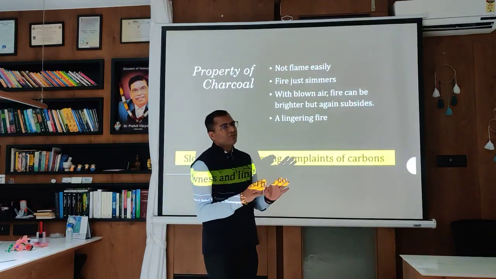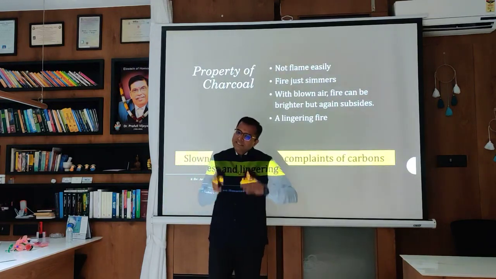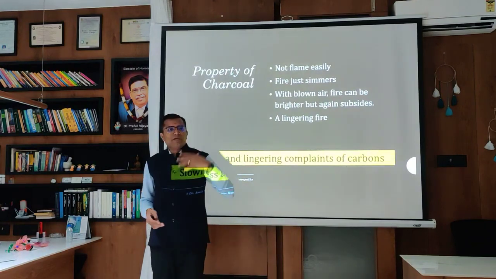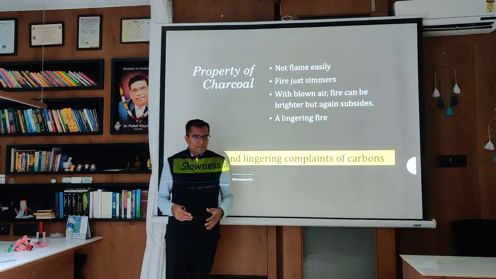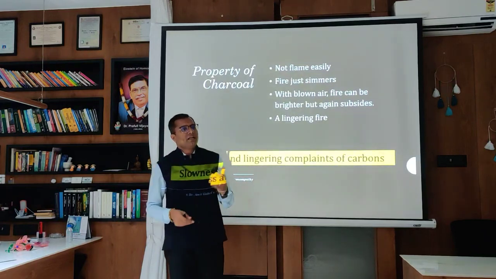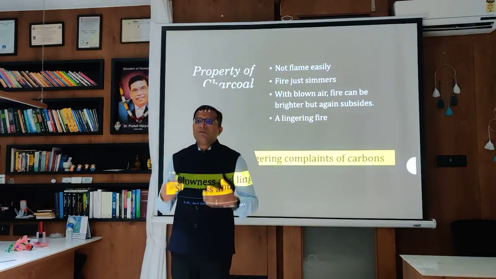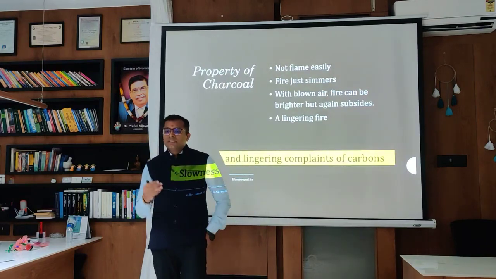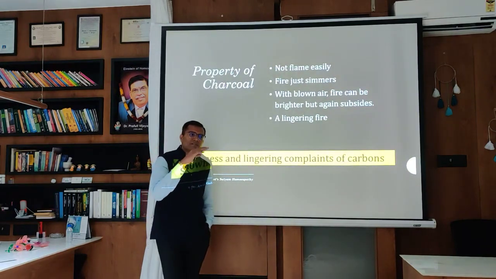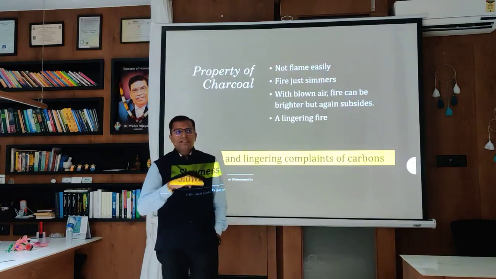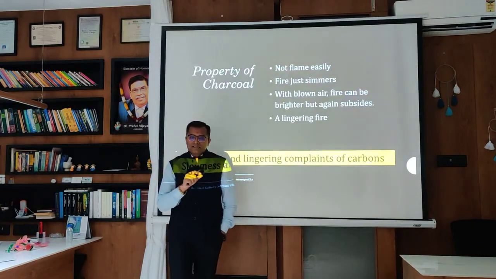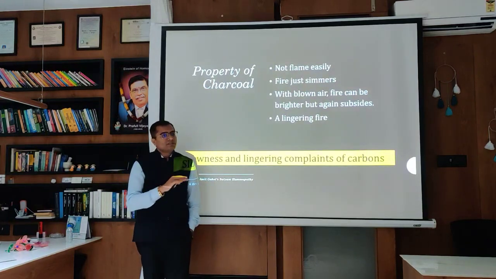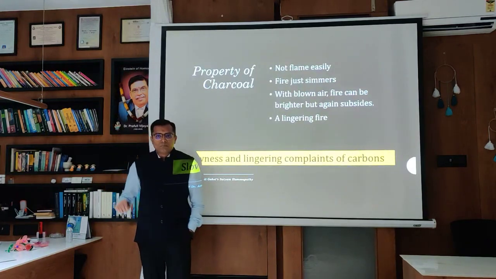When there is a lingering fire, the same thing happens in our human body also. When carbon is accumulated in our body, for example in metabolic alkalosis, our body gets slow and our vitality goes down. The process of homeostasis goes down, there is slowness, and conditions do not heal properly. This leads to lingering of complaints.